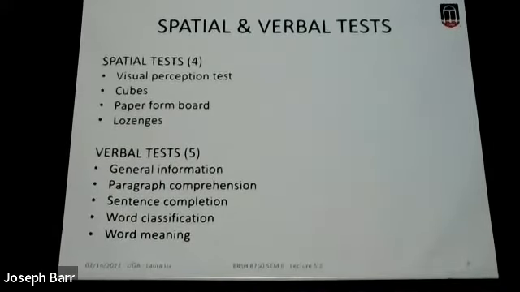Lozenges, thank you. And the verbal ability can be obtained by looking at these 5 tests: general information, paragraph comprehension, sentence completion, word classification, and word meaning. Those 5 tests are trying to get the verbal ability.